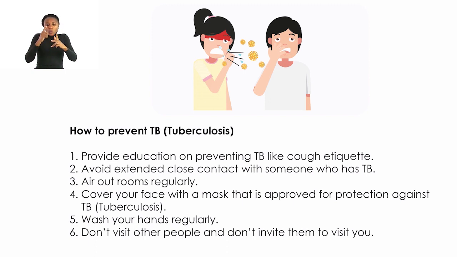Number 3, air out rooms regularly, which means you should open the windows and keep the air well ventilated. Number 4, cover your face with a mask that is approved for protection against tuberculosis or TB. Number 5, wash your hands regularly. Number 6, don't visit other people and don't invite them to visit you if they are said to have TB.